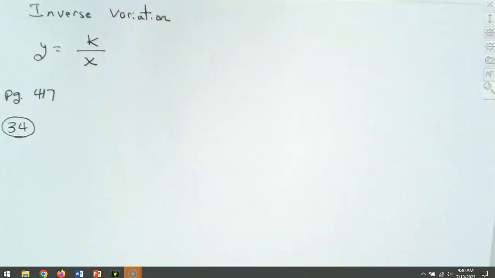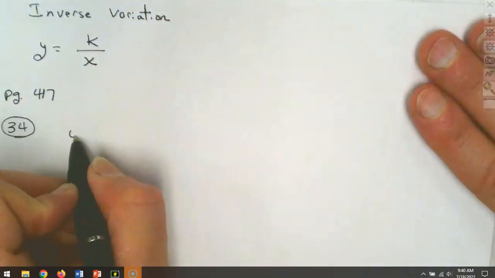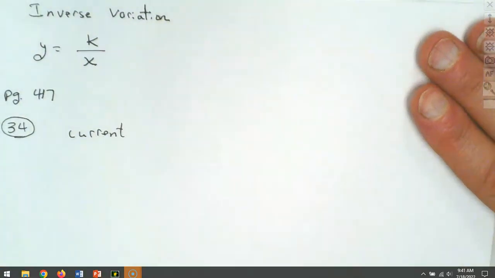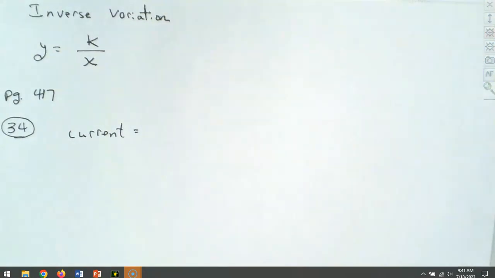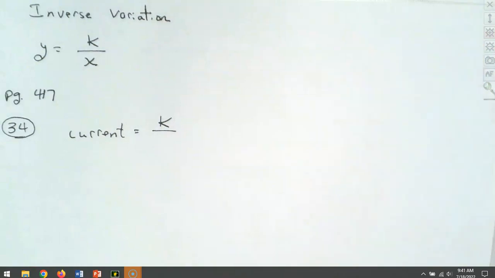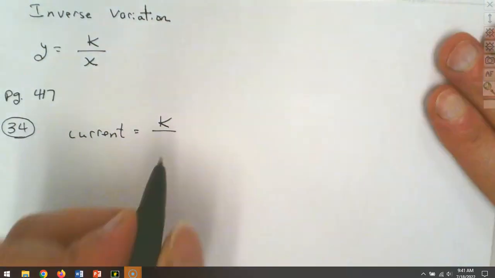And it says current, so that's what we start with, varies inversely. Okay, so current varies inversely, so that means we have to divide. So pick up on those keywords like inverse. It varies inversely to the resistance.